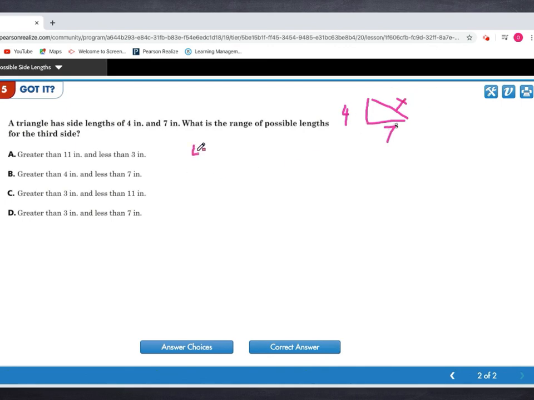So let's try first with 4 plus side x must be greater than 7. So we'll find the value of x. x must be greater than 3. Okay. Next, we will pair 7 and x. So 7 plus the side x must be greater than the third side, which is 4.